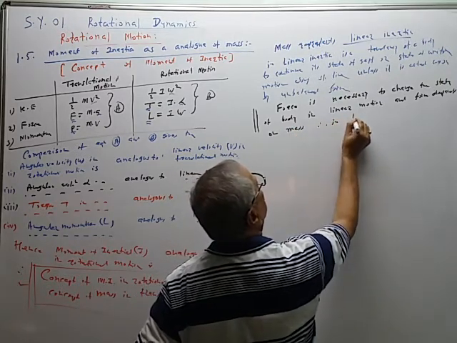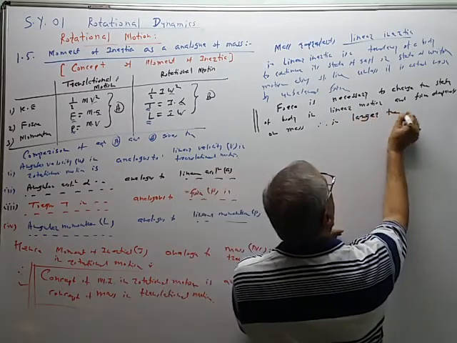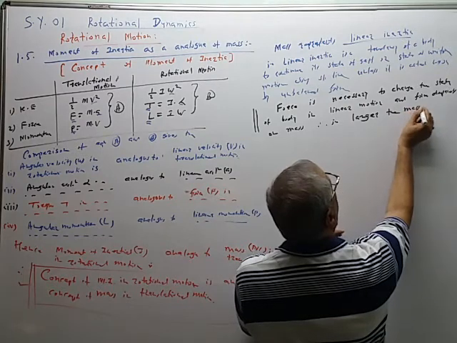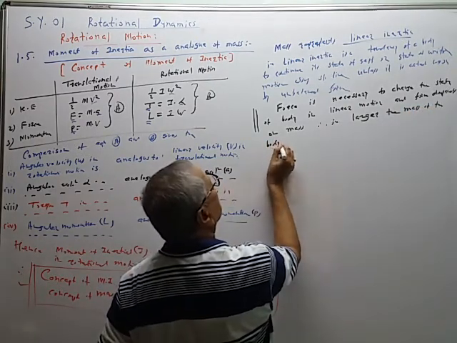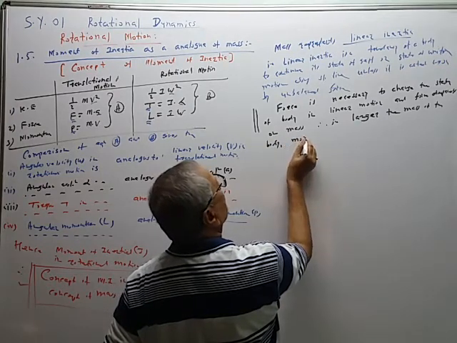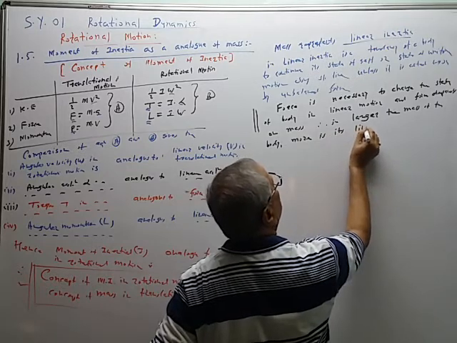That is, larger the mass of the body, more is its linear inertia.